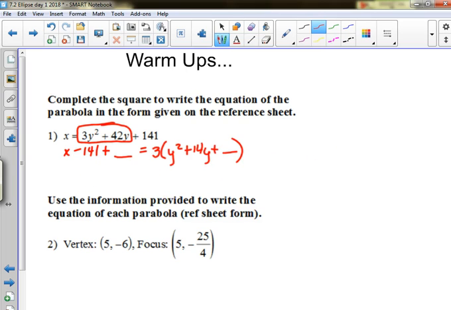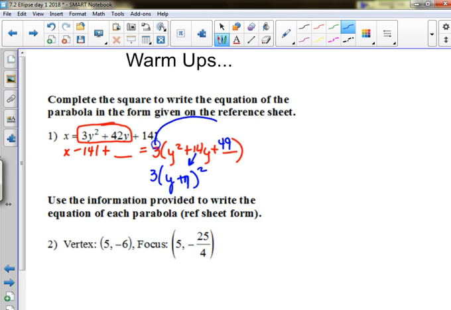All right. Then we want to rewrite this, bring down the 3, rewrite this parenthesis as a quantity squared, which would become what? Okay, half of that would be plus 7, which means that's supposed to be a 7. This is a 49.